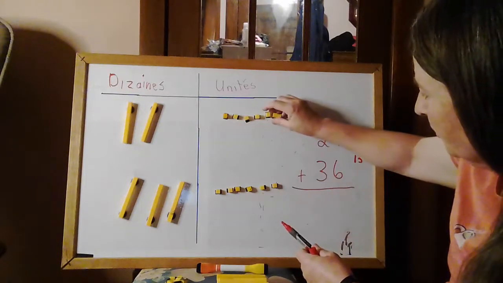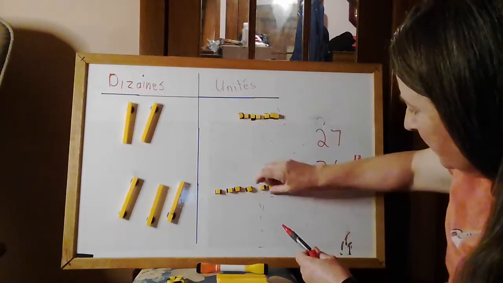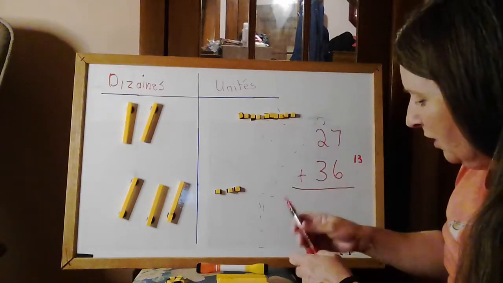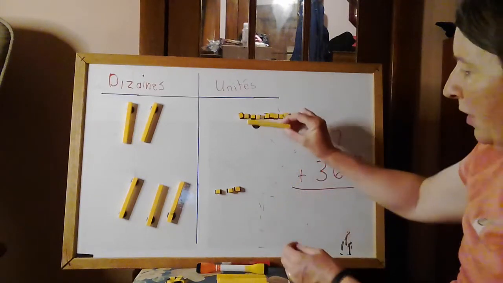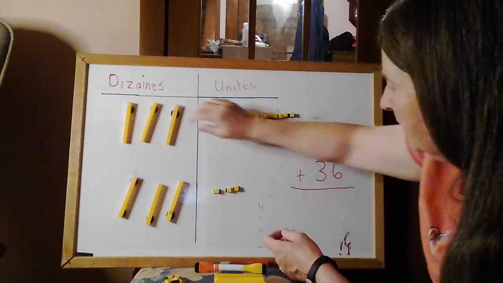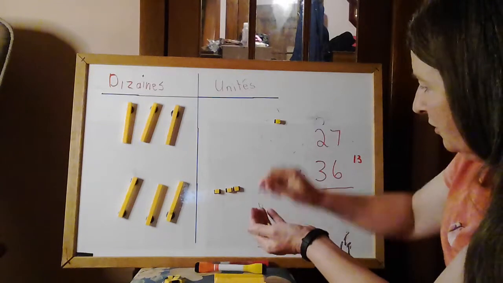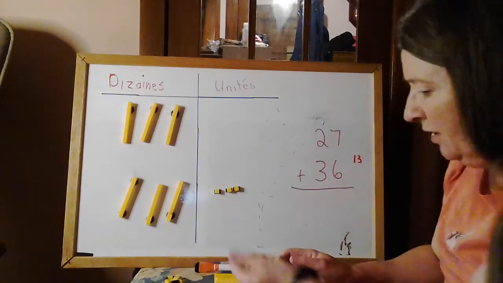So we took those 10, 1, 2, 3, 4, 5, 6, 7, 8, 9, 10, and we traded them for a group of 10. And we put it over on the tens side, because our 10 ones is exactly the same as a group of 10.